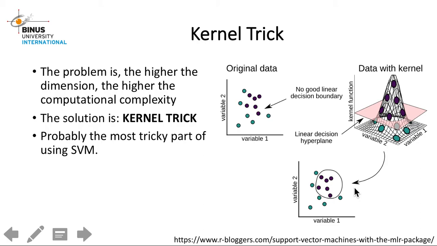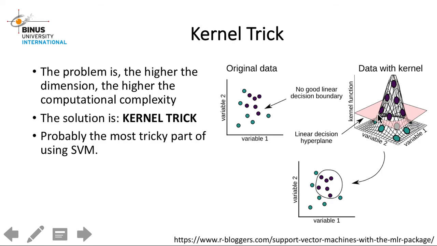And how about the kernel trick? This is also common in SVM. This is one feature that we can use in SVM. The problem when we transform the data to a higher dimensional space is that the higher the dimension, the higher the computational complexity. So here, researchers presented what we call the kernel trick.